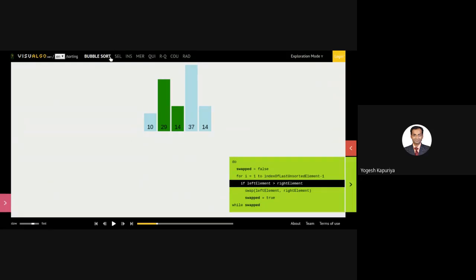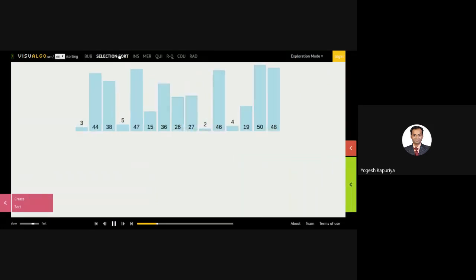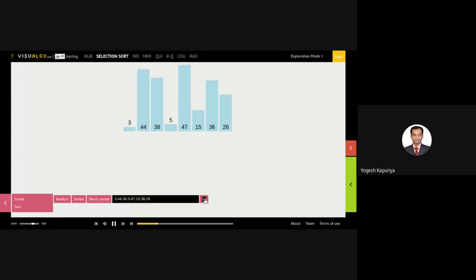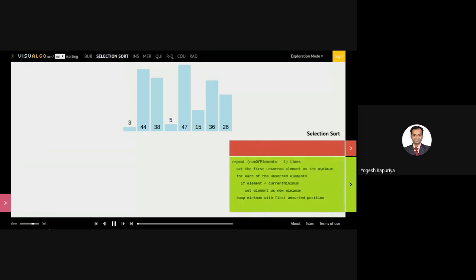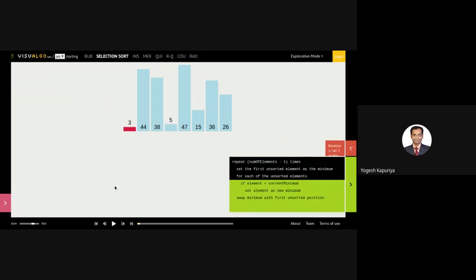Okay, this is not bubble sort, this is selection sort. So let me first select this. Let us make it small. Okay, so let us discuss this now.